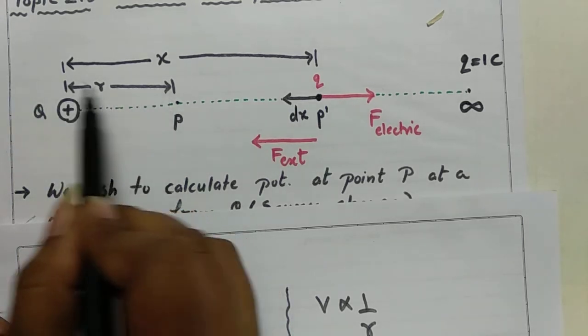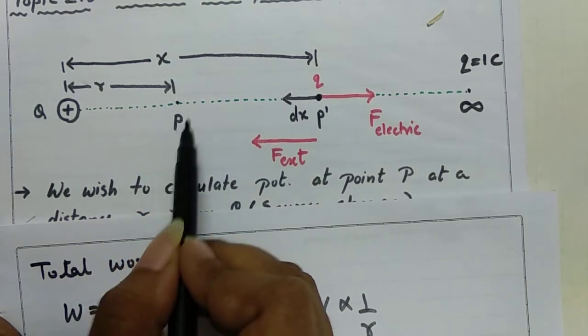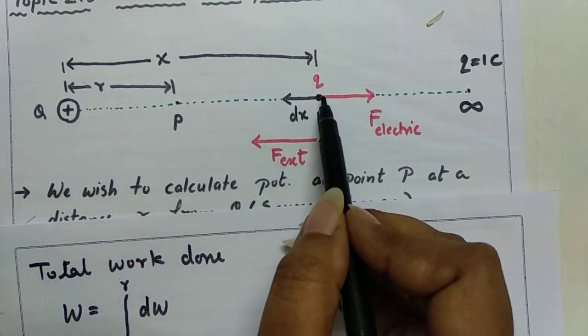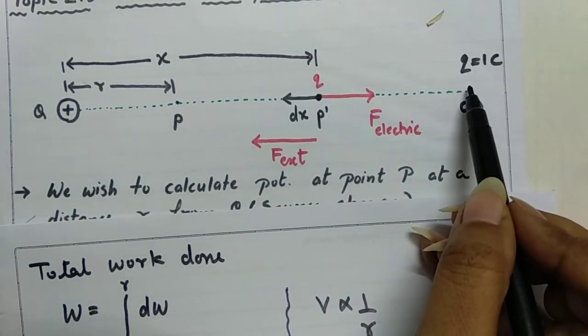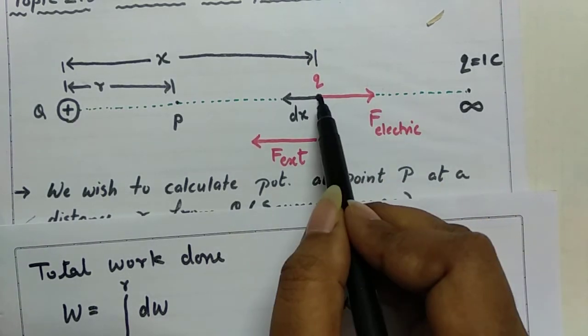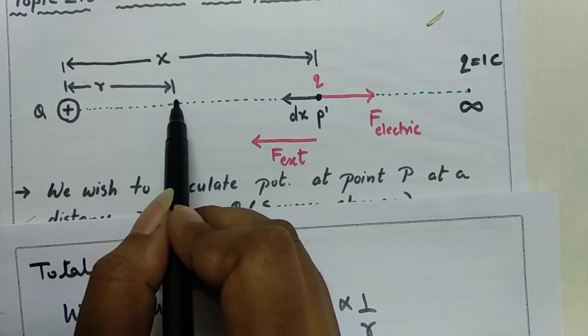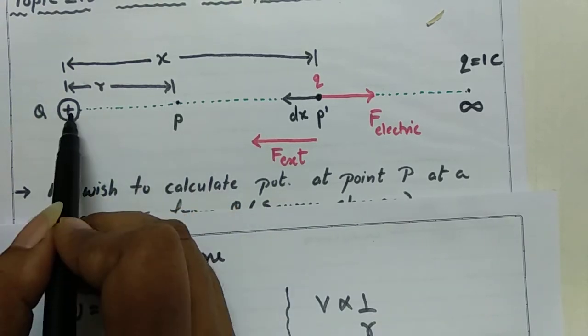So if this distance increases, the strength of the electric force will also decrease. Suppose here the strength of the electric force will be more. At this point, the strength of the electric force will be less. So if you want to bring this charged particle from infinity to this point, then the work done will be less in comparison to the work done when we bring the charged particle to this point, because this is nearby to the source.